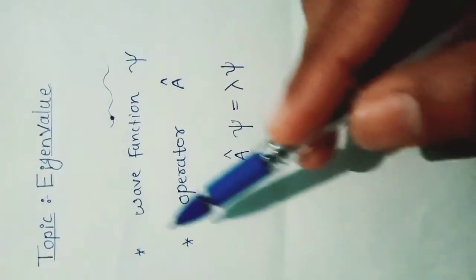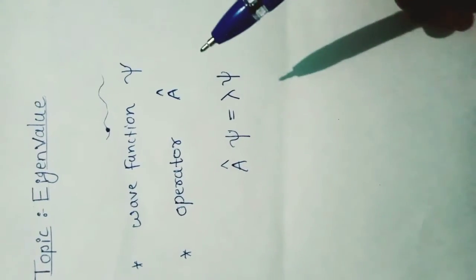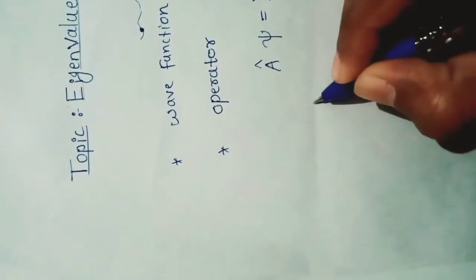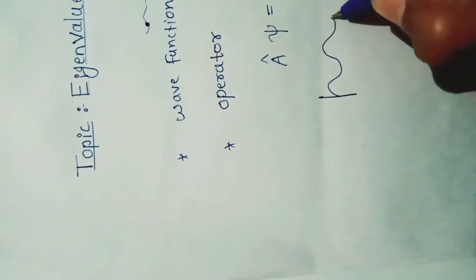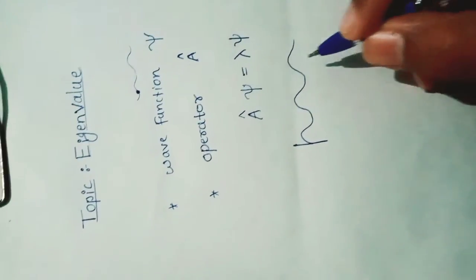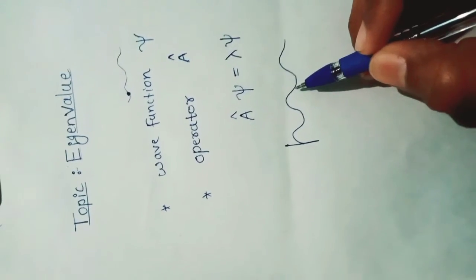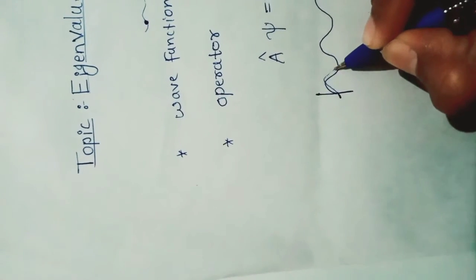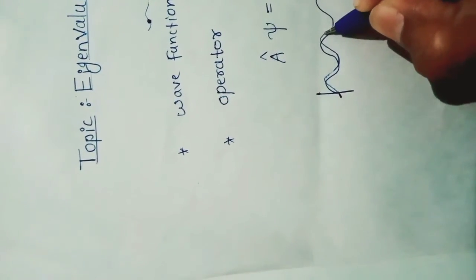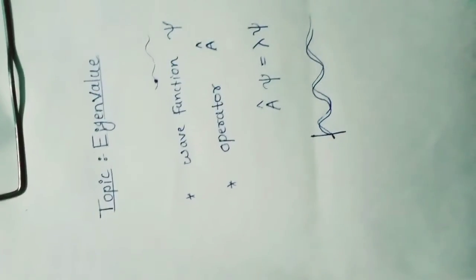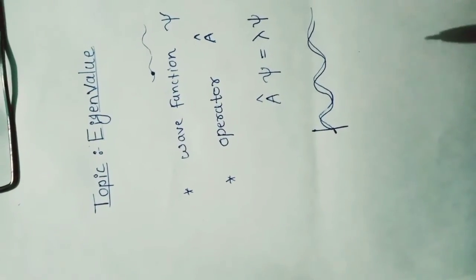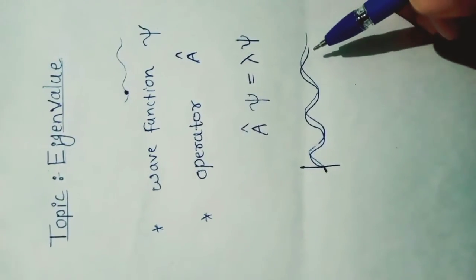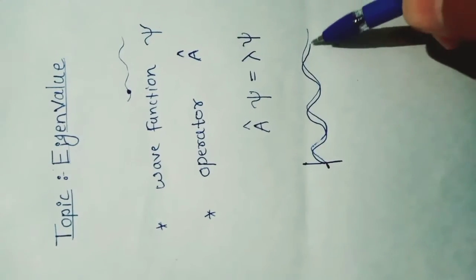So for understanding this all, let's now see diagrammatically. Suppose consider any wave function. Suppose this is the wave function, and for the measurement on it we apply the operator. Resultantly we get a new wave function with different shape.